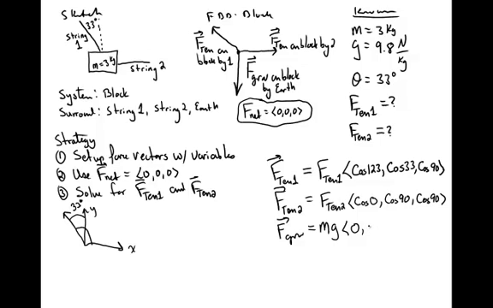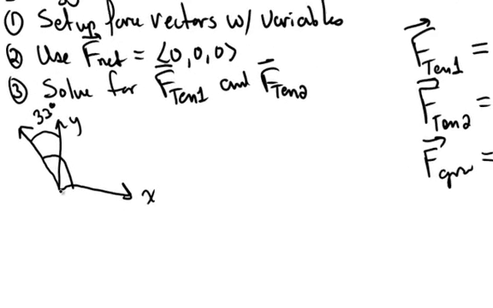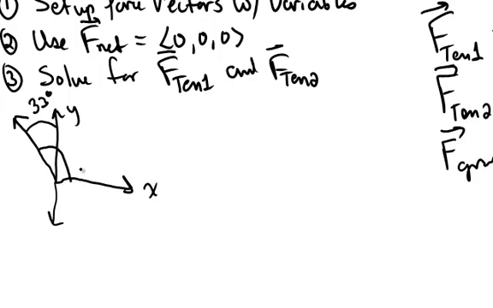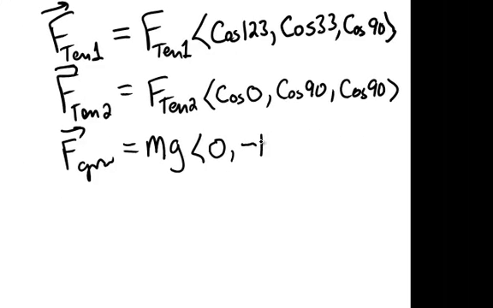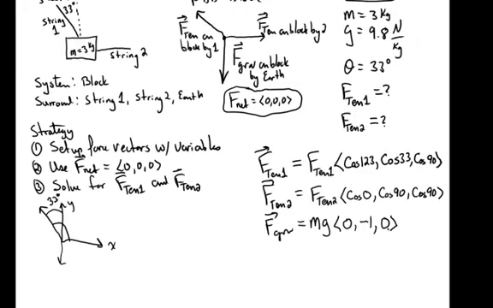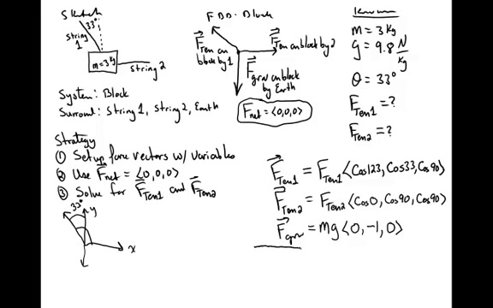The angle between the vector that's downward and the y-axis is 180. The cosine of 180 is -1. We also know that it's pointing in the minus y direction, so that's where this is coming from. And then it's 90 degrees between the vector and the z-axis. That's going to give me another factor of 0. So that's my first step. I've set up the force vectors with variables.